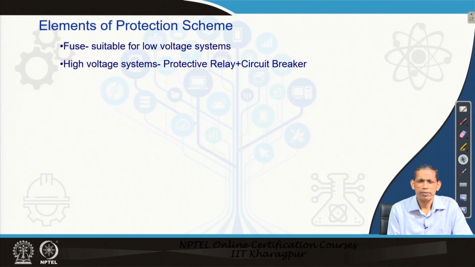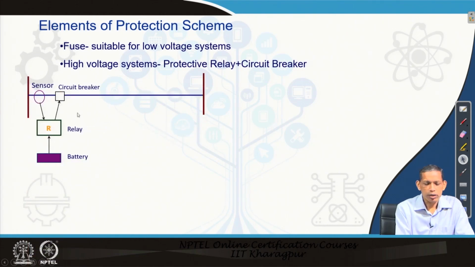In that case, circuit breaker and relays are being used. The task of circuit breaker is to isolate the circuit. It provides a physical isolation of the faulted circuit. Relay makes the command to the circuit breaker to open as and when required.